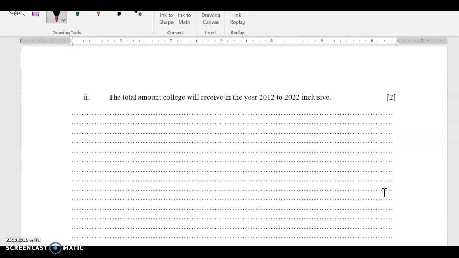Okay, in the next part it says the total amount the college will receive in the years 2012 to 2022 inclusive. So he's asking for the total amount, which means we should use the sum formula. There are two sum formulas, but here we need to see which one we can use.